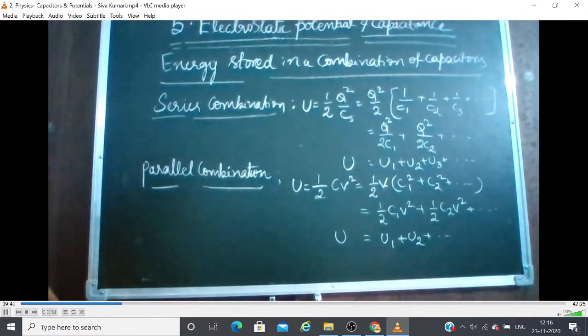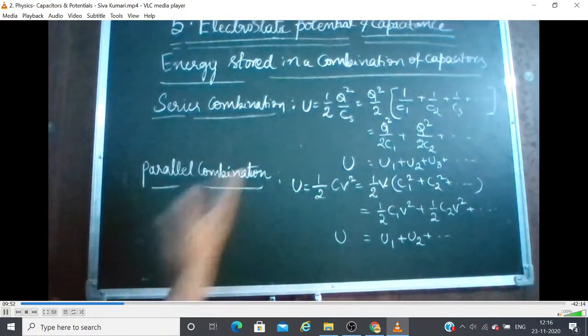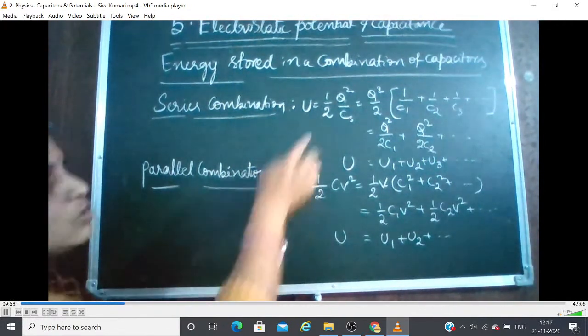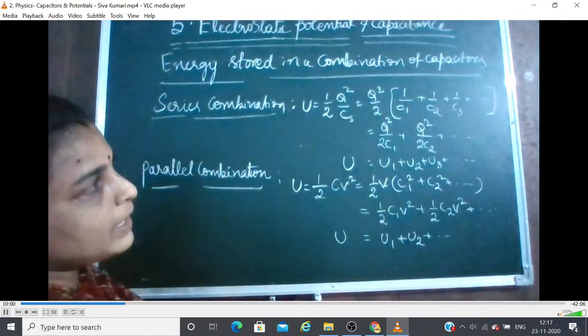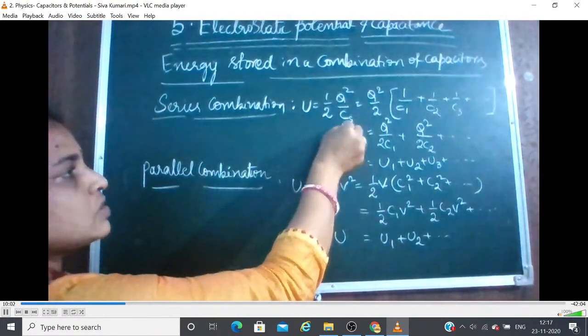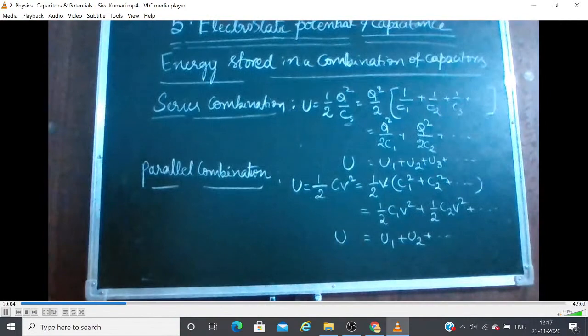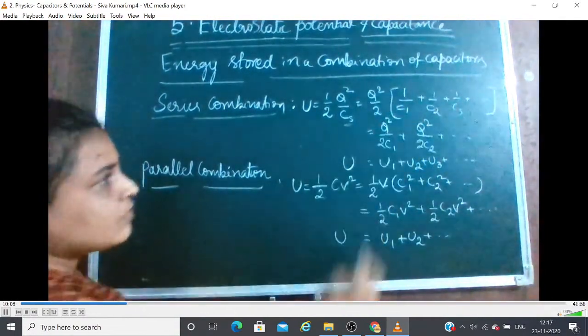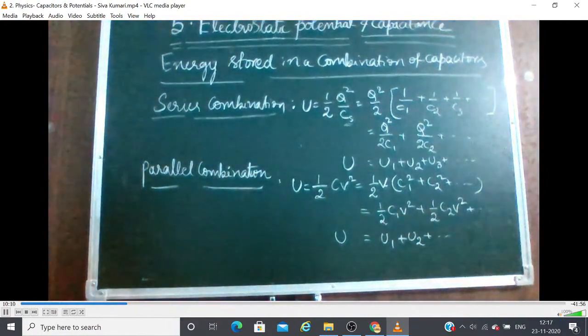Now the energy stored in the combination of capacitors, while they are combined. So the total energy stored in the capacitors, the series combination already I told you, and the parallel combination also. In the series combination, the energy stored is half Q square by C S, which is the resultant capacitance. So each one will have different capacitances.